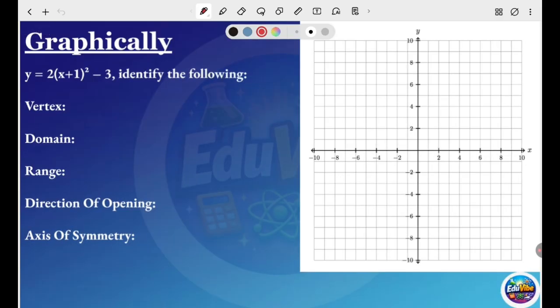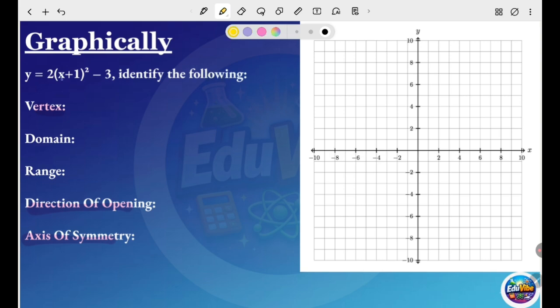As I said, we have some characteristics of the graph. We discussed the vertex and the axis of symmetry. We also discussed the direction of opening, which depends on the value of a, whether a is greater than 0 or less than 0.